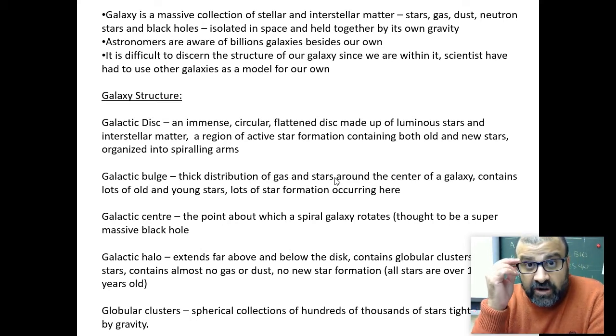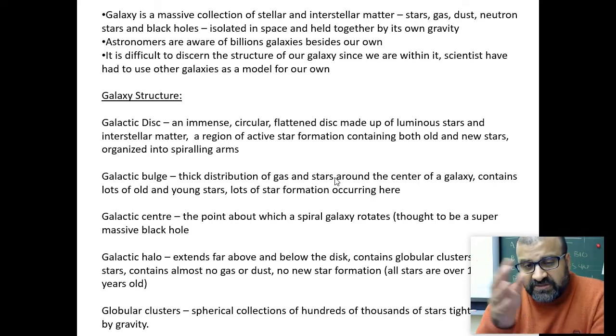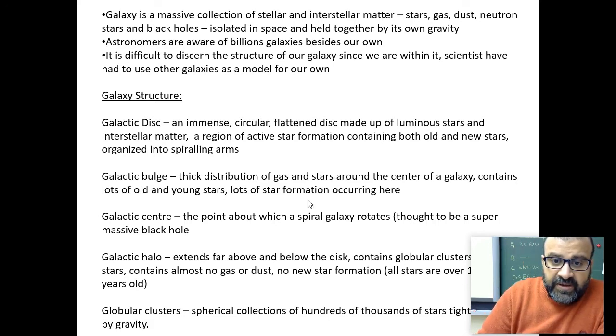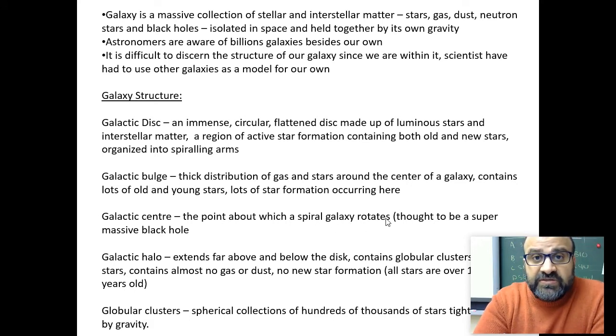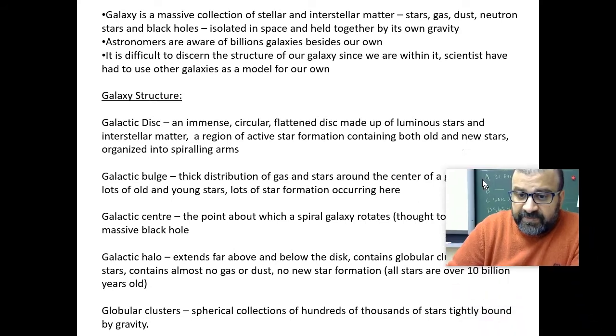So there's still star formation happening there, but you're going to find a lot of old stars too, giving it its more yellow tinge. In the center is the point about which the galaxy rotates, and it's thought to be a supermassive black hole. Let's move on up. I'm in the way.